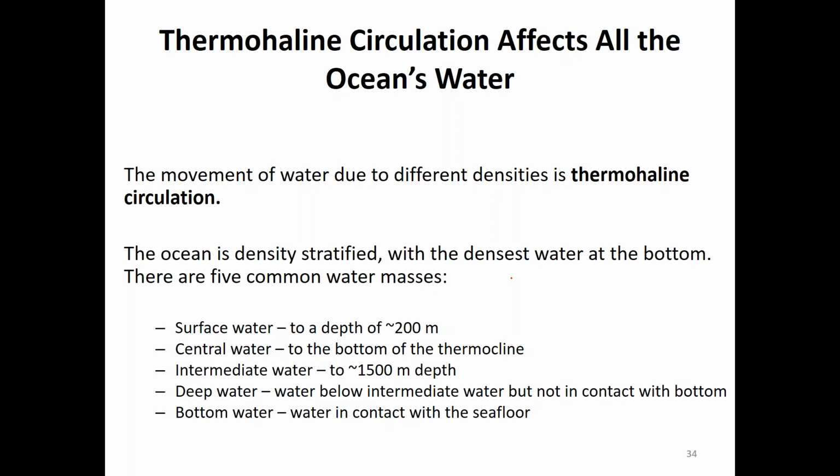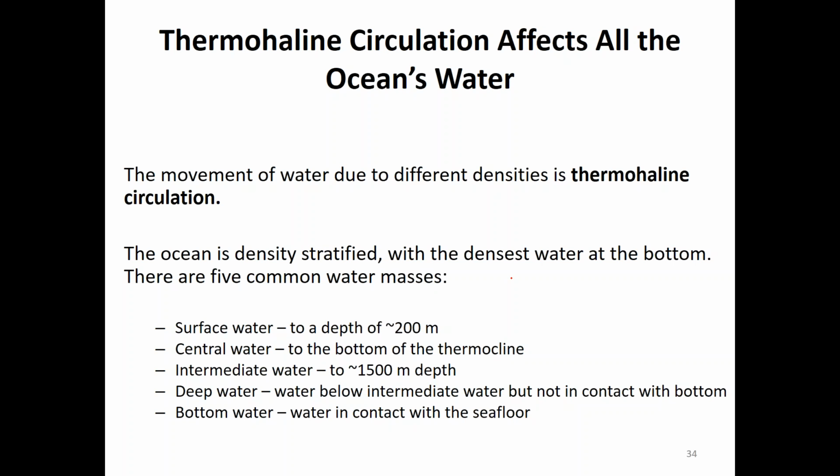If you have water at the surface that becomes very cold and dense, that dense water doesn't want to be up high, so it begins to sink. As it sinks, water somewhere else has to rise. This thermohaline circulation is the slow overturning of the ocean.